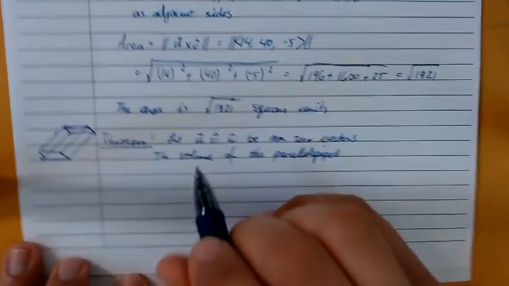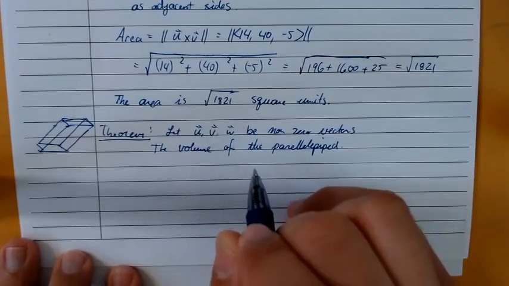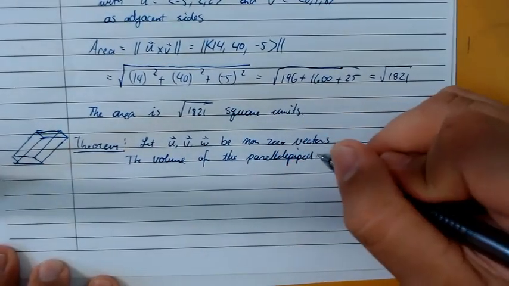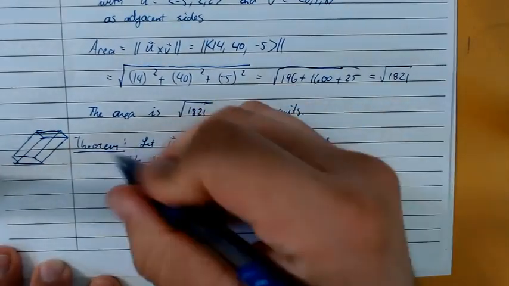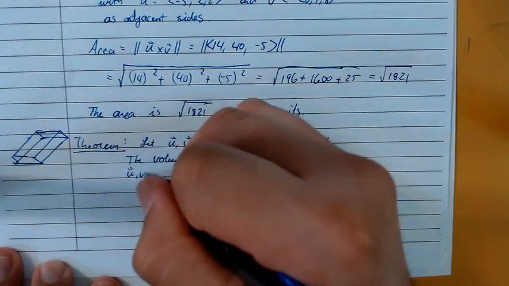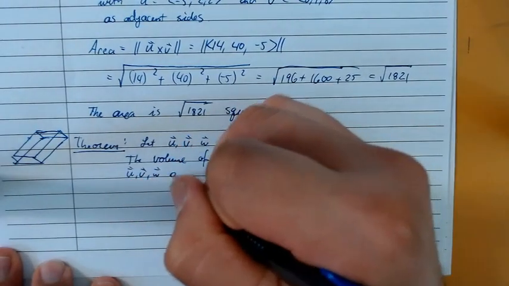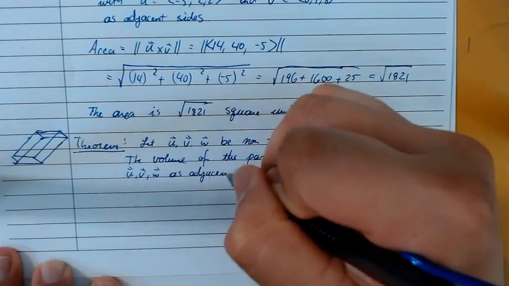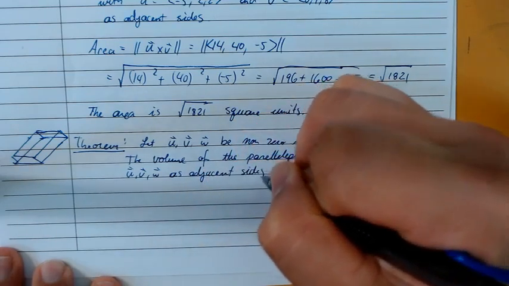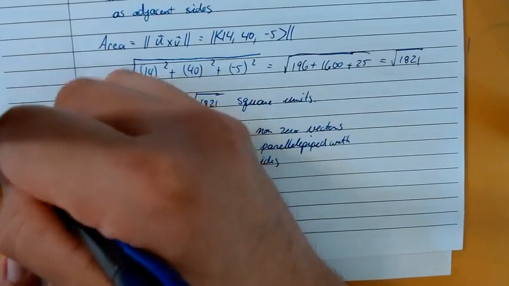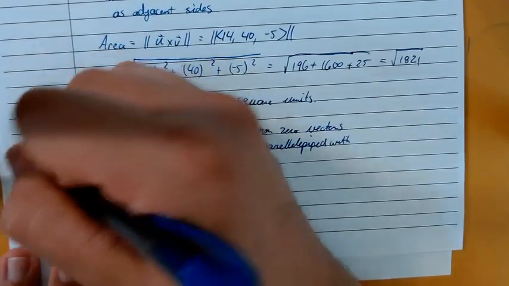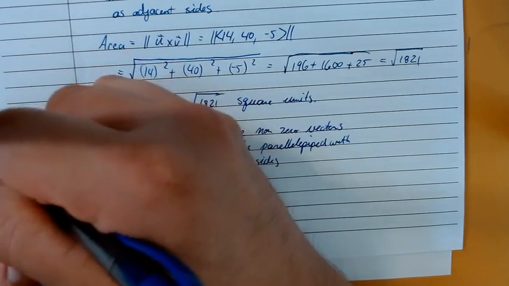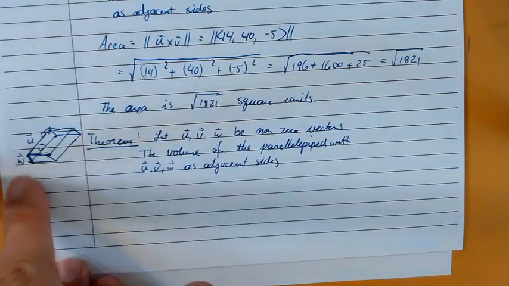Right? Okay, so the volume of the parallelepiped with vectors u, v, and w as adjacent sides. So here let's say that's your u, that's your v, and that's your w. So three vectors all starting from the same point.